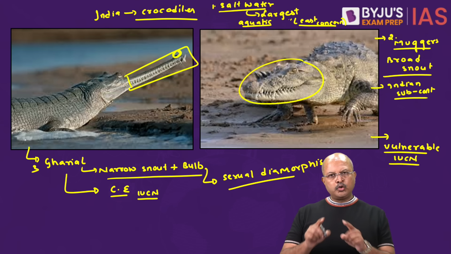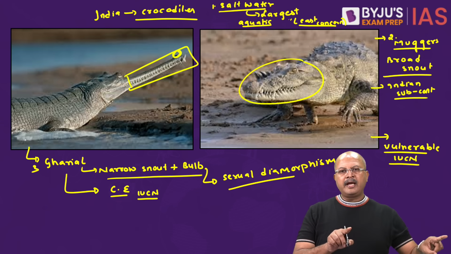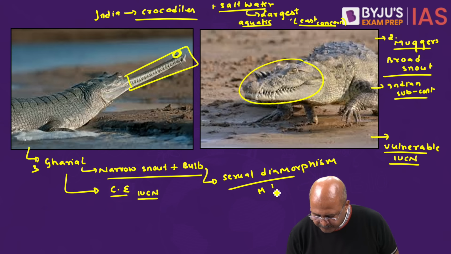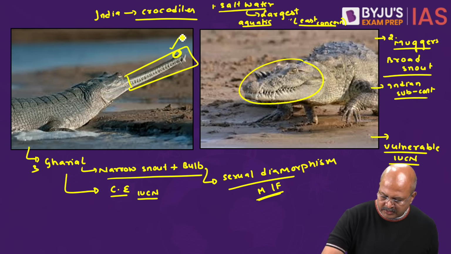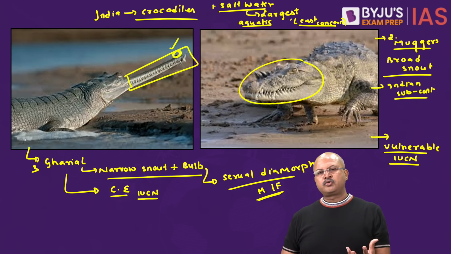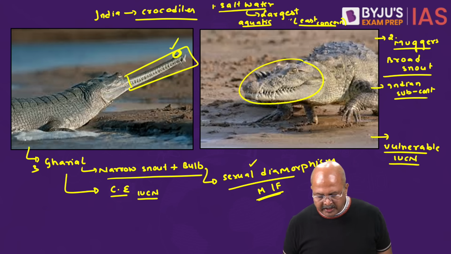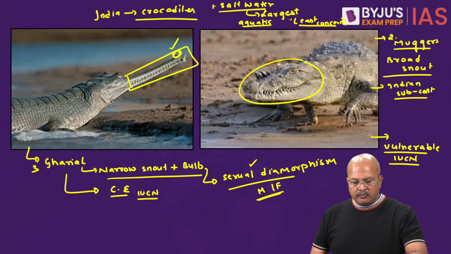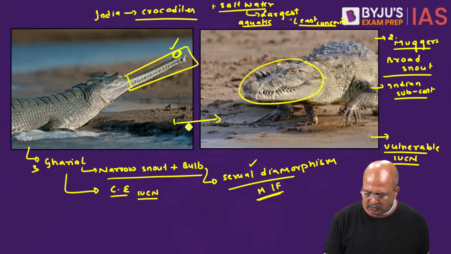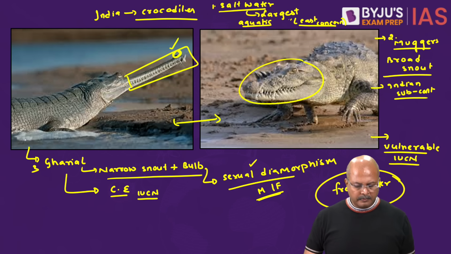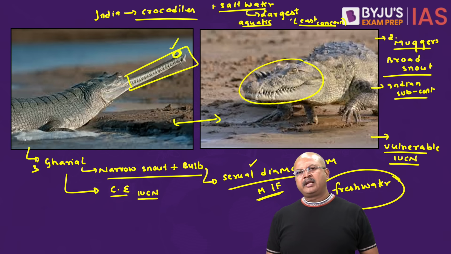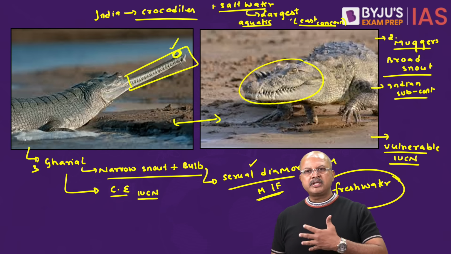It means unique characteristics to identify males and females. Generally, the males use this bulb to make noise to attract the female. So they show sexual dimorphism. And generally both of them prefer to stay in fresh water. So this is about the crocodiles found in India and their IUCN status.